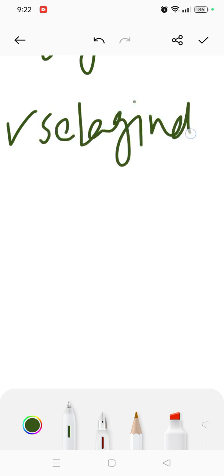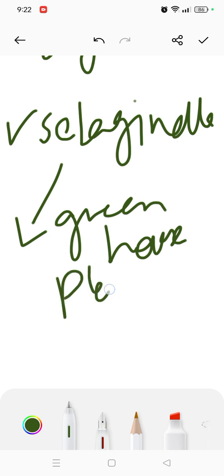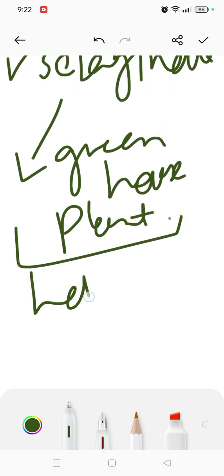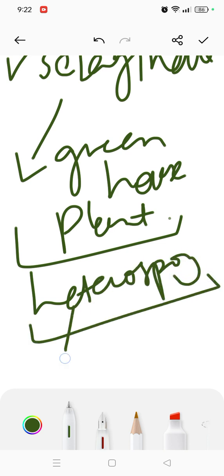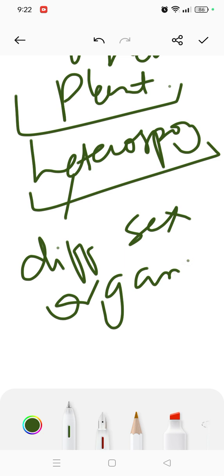Selaginella. This is a genus, and even lycopodium is also a genus, which is a common greenhouse plant. And they are heterosporous. Hetero means different, so they have different kinds of spores.